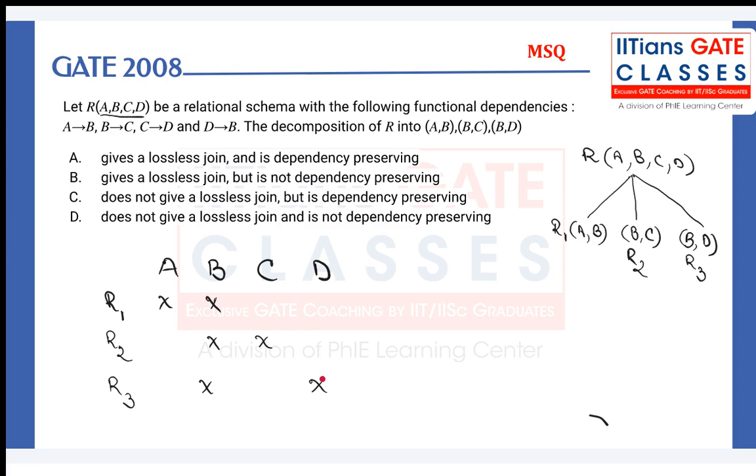Look at column B. If you look at R2, B gives me C. Is there a functional dependency B gives me C? There is. So if I have a value of B that gives me C, I will have to mark the other places as well in R1 and R3.